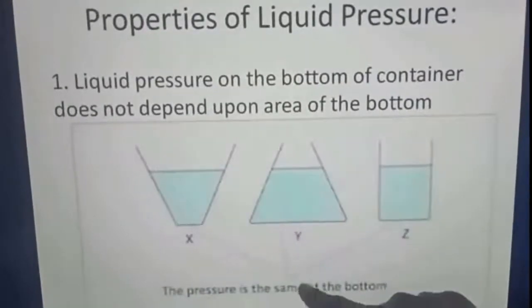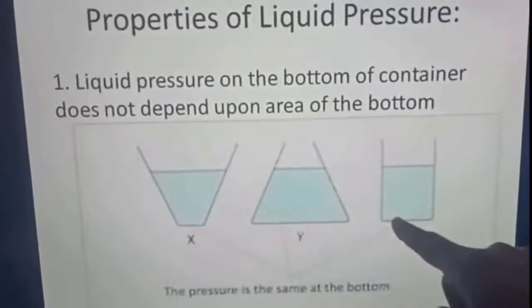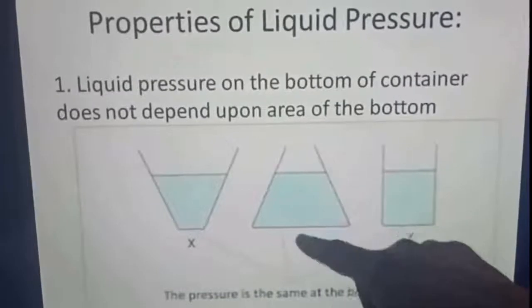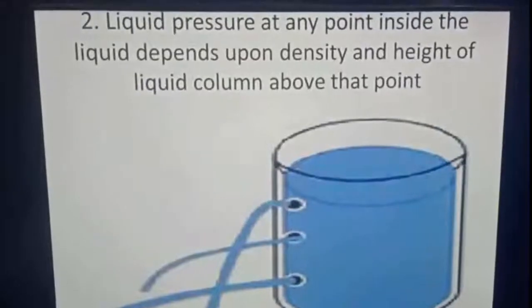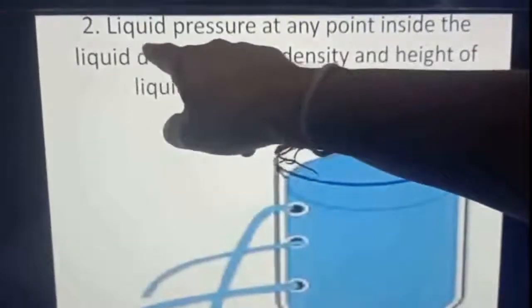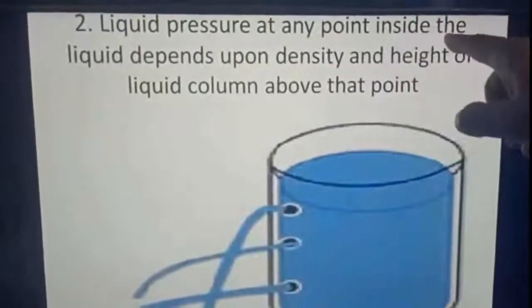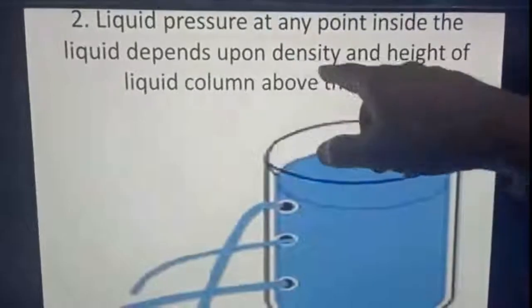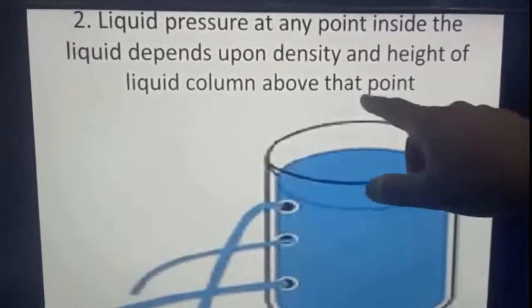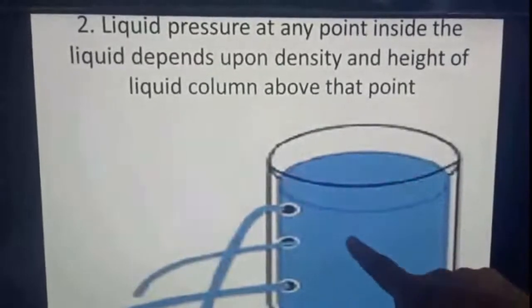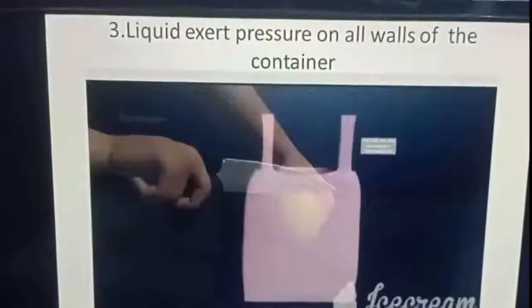They exert the same pressure at the bottom of the container because liquid pressure does not depend upon the area of the bottom. Second property, liquid pressure at any point inside the liquid depends upon the density and height of the liquid column above that point. This was already discussed in activity number 3.